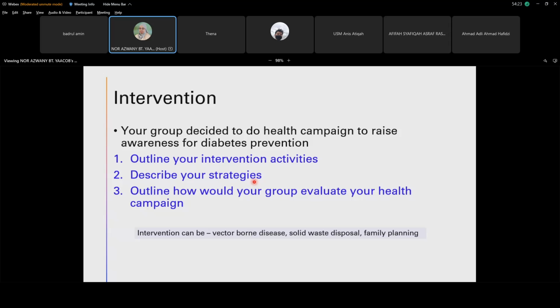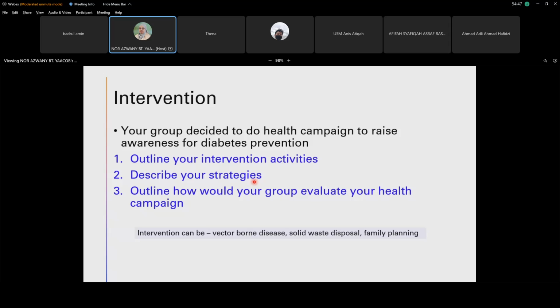You do an announcement at the Jumaat prayer. So that is your strategy. The intervention is the talk, the exhibition, and the things that you've been doing. My kampung is doing Zumba and so on. That is intervention activities.